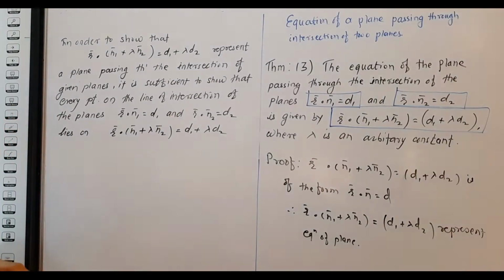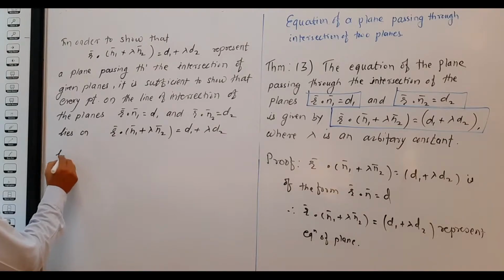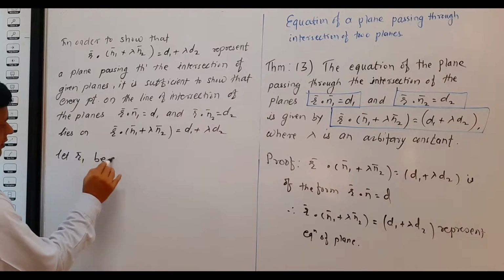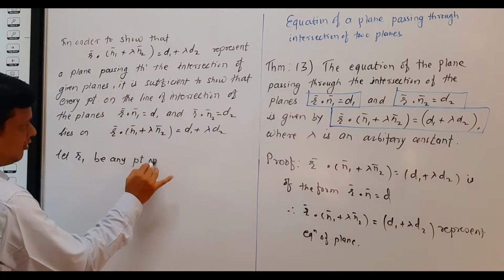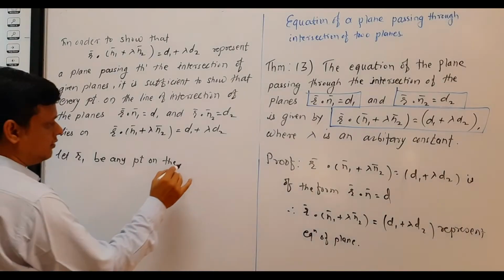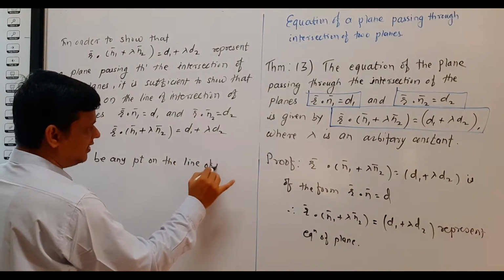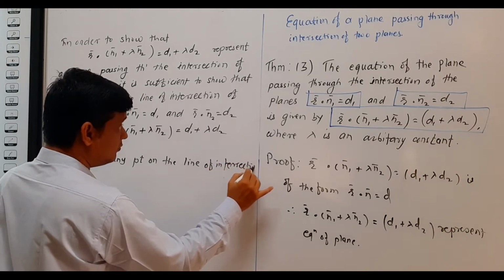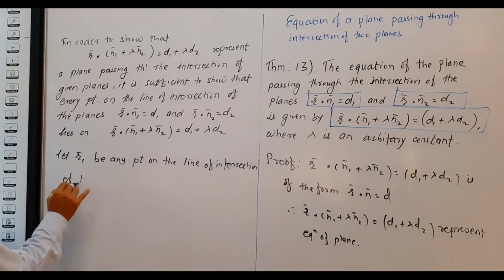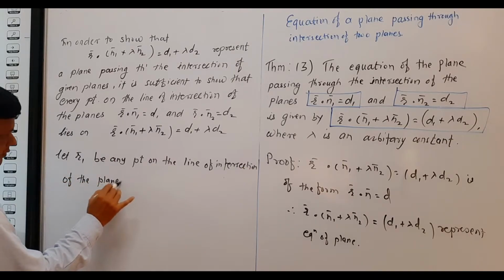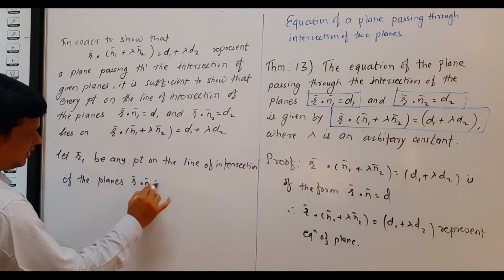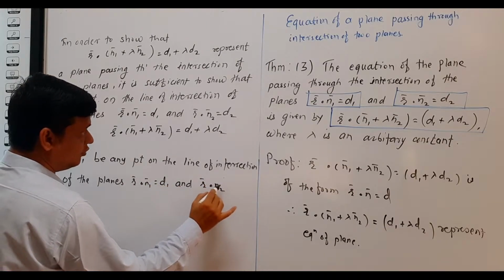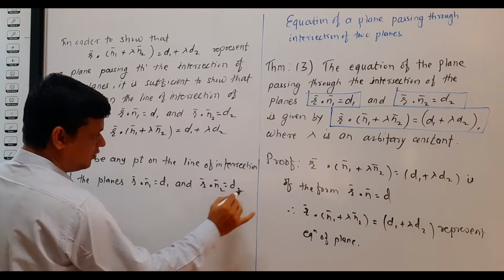So see here, we consider here, let r1 bar be any point on the line of intersection of the planes r bar dot n1 bar is equal to d1 and r bar dot n2 bar is equal to d2.